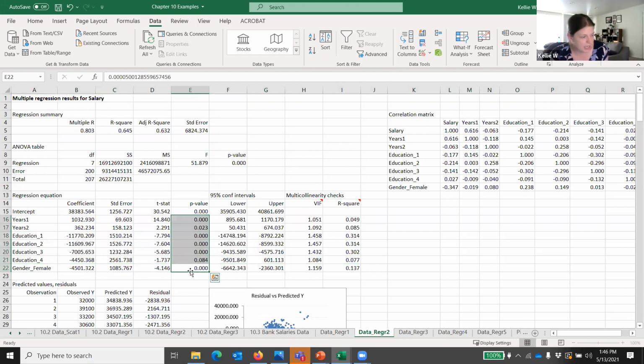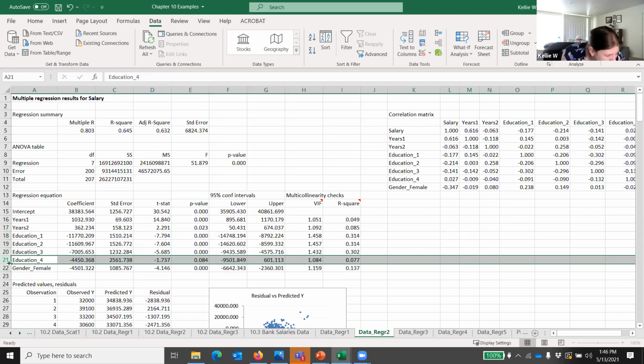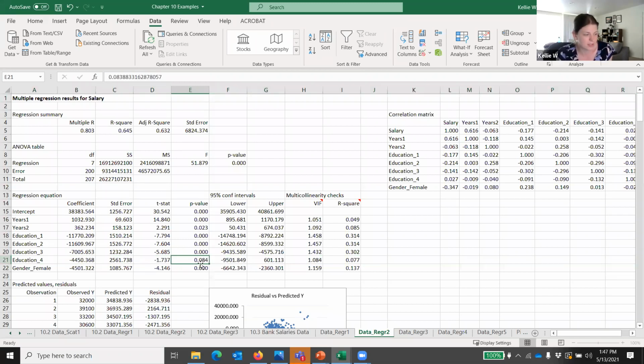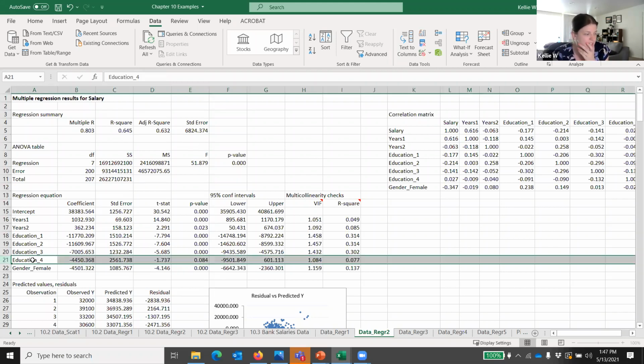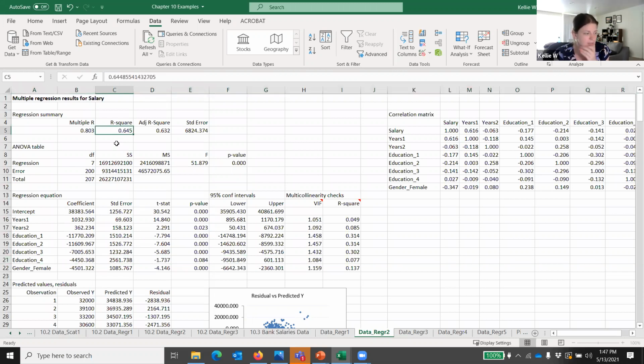If one of these had a really high p-value, that would lead me to think that I might need to drop this variable. So it's just something to watch. That's above 0.05, so this category, education 4, is probably not really contributing to the prediction in a statistically significant way. But look at our R-squared now, it's 0.645. So when we look at years of experience, education level and gender, we can predict salary a lot better.